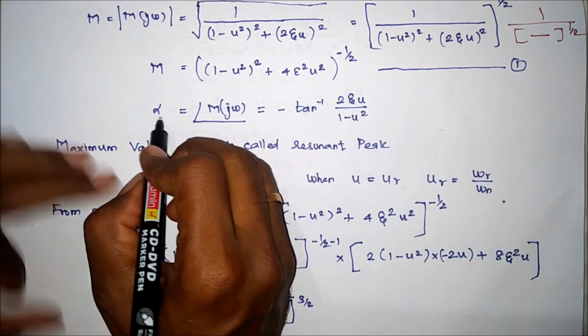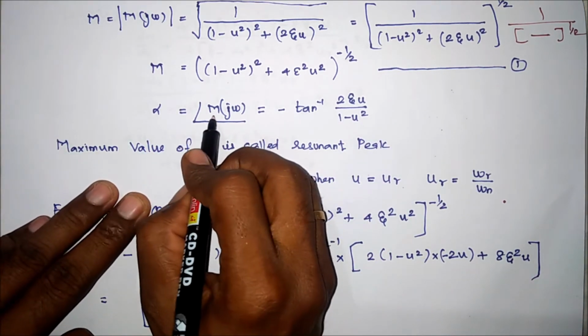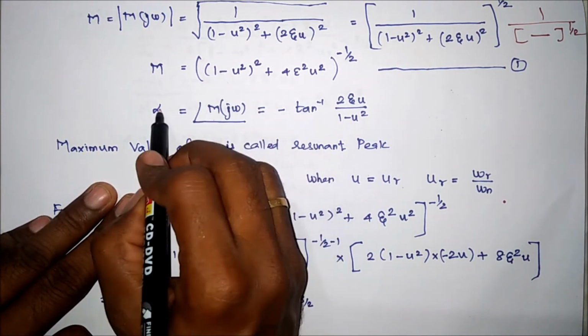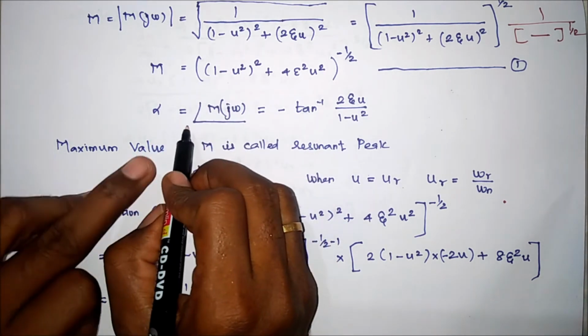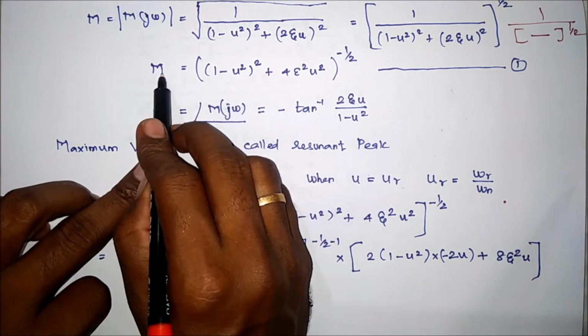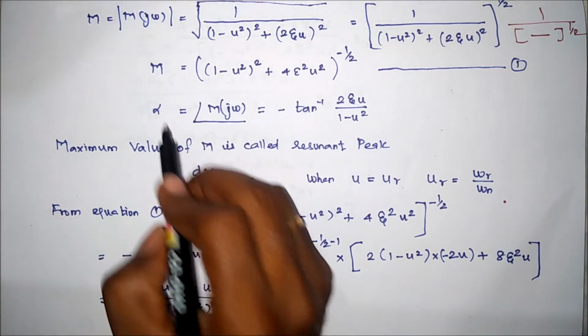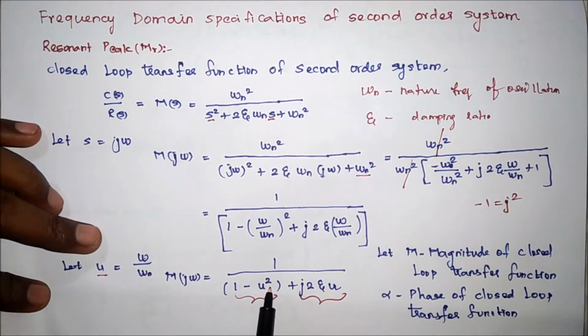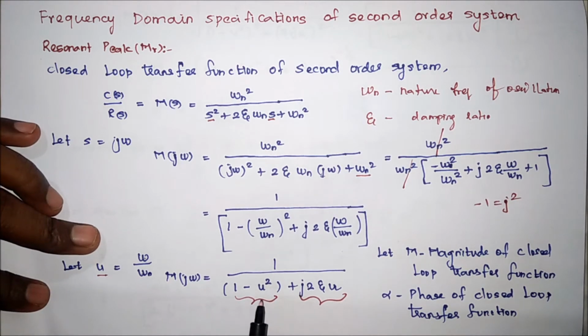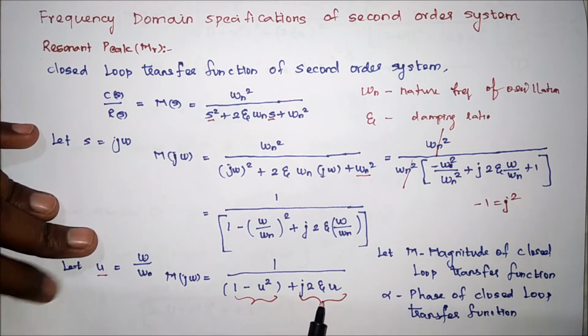So now alpha equal to, and now this is the magnitude, angle for this is, we have found the magnitude, but angle we can calculate from its basic equation. So this is the basic equation. We know if we have real and imaginary part, we can easily find the angle by using tan inverse concept.